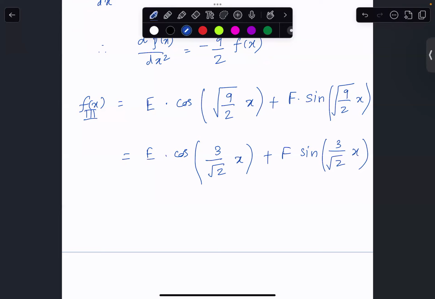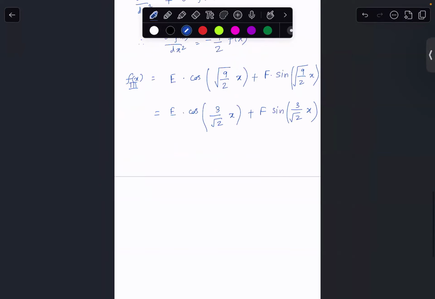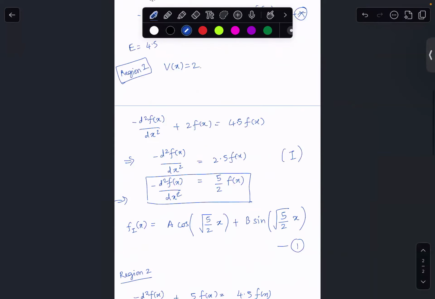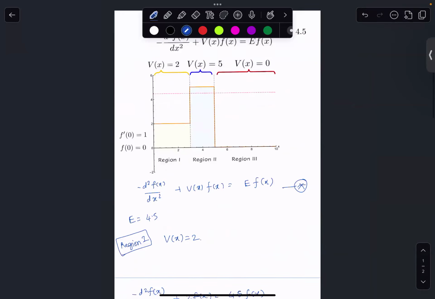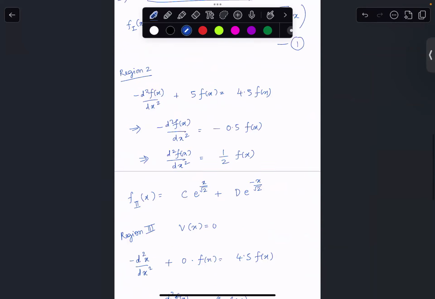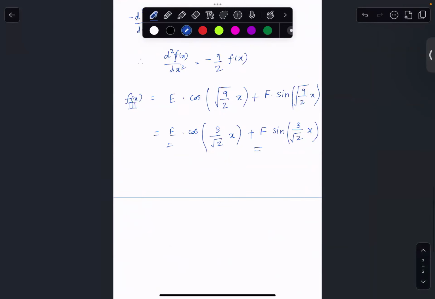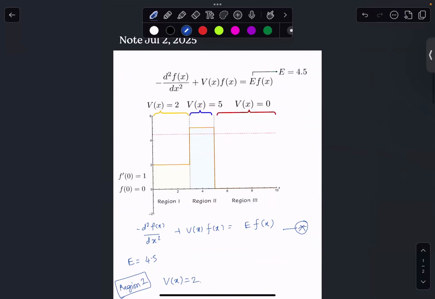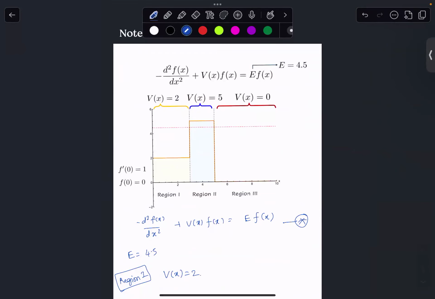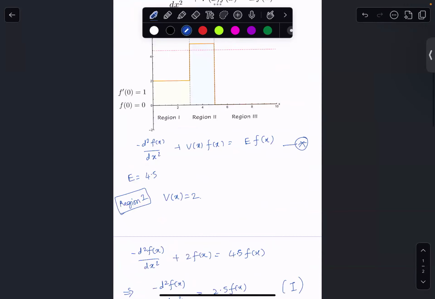Now that we have the standard solutions for all of these three regions, the only thing remaining is applying boundary conditions and getting values for each of these constants a, b, c, d, e and f. That should give us the complete solution for this f of x. To begin with, in region 1, we have been given these boundary conditions.